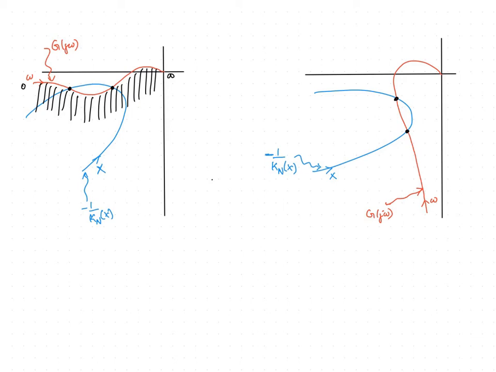Let us assume that the system is initially operating at A. Let us assume that a small change in the input to the nonlinearity results in the operating point being shifted to B. Since this represents a stable region, we can see that the operating point shifts back to A with a lesser magnitude of x.